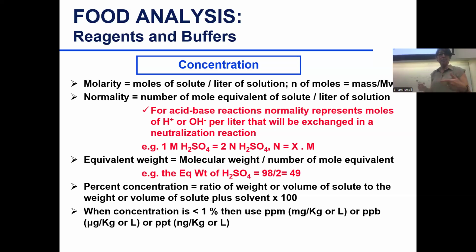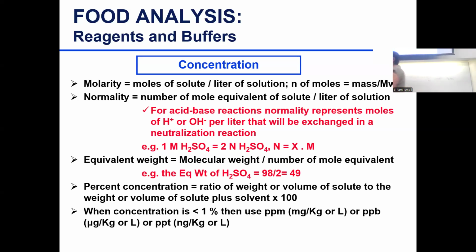Normality is number of moles equivalent of a solute. What does that mean? Sometimes you have multiple hydrogens or hydroxyl groups that are transferring in an equation. So H2SO4 has 2 hydrogens, or protons, that can transfer, whereas HCl has 1 hydrogen.